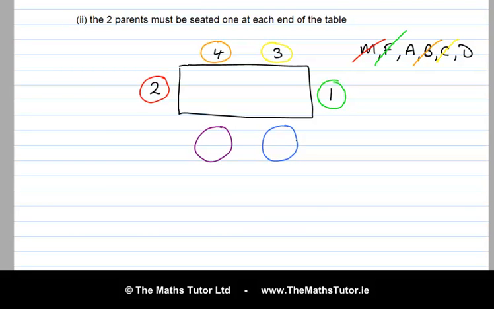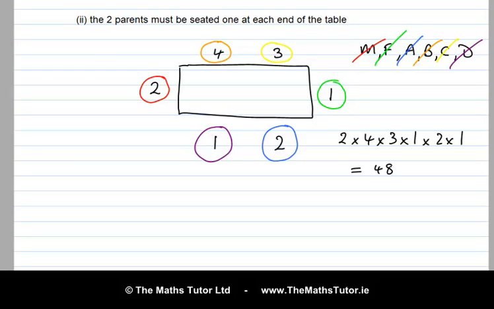For the blue seat, 2 remaining children. We could pick A, and for the purple seat, we've got one choice. So if we start at the red seat and go clockwise, we have 2 choices by 4, by 3, by 1, by 2, by 1. If you multiply that out, you get 48. So we have 48 choices now.